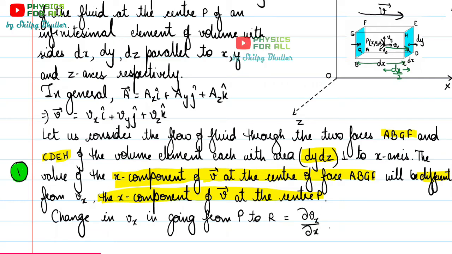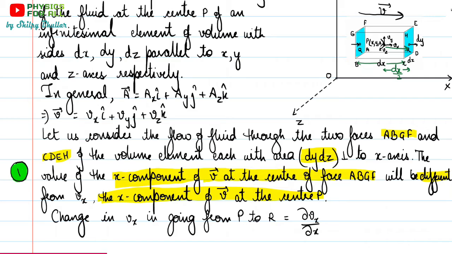Now you can see why we have written curly here, because ultimately this Vx is not an independent vector. The vector is V, which depends on all three axes, x, y and z, because it has components along all these three axes, and whenever there is a change in those axes, the value of V would change.